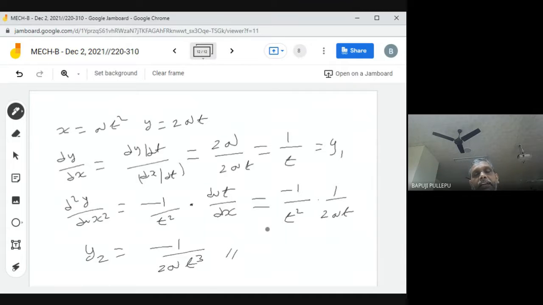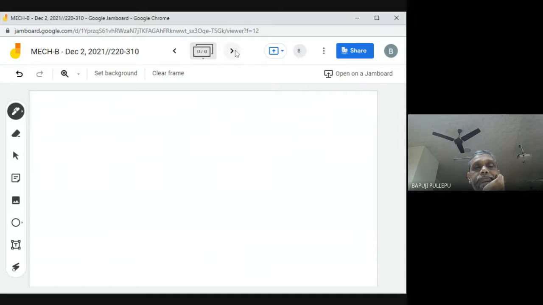So y1 is in your hand, y2 in your hand. Slowly you can find x bar. Write the formula for x bar. What is x bar? Tell me. X minus, who is x here? A t square. Minus, who is y1?